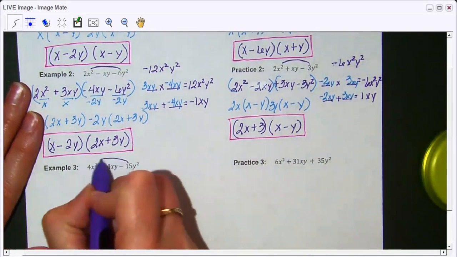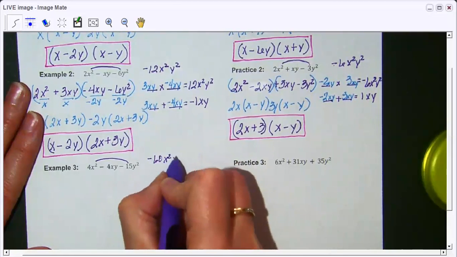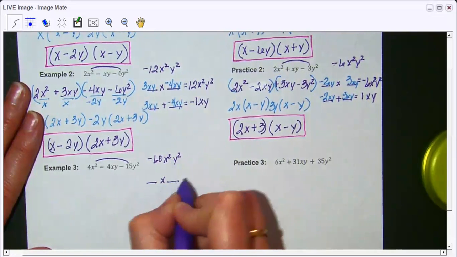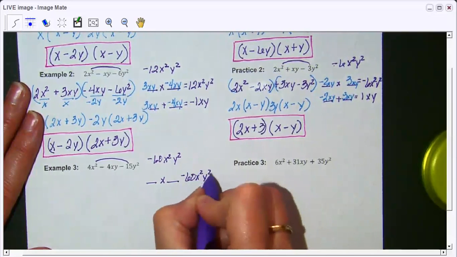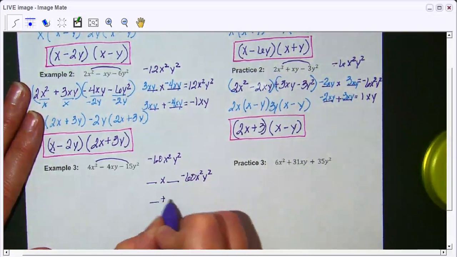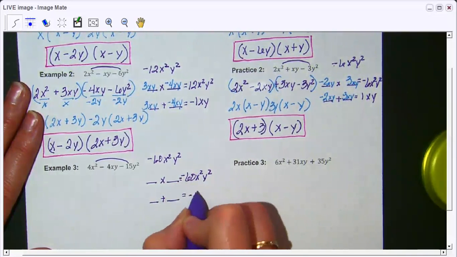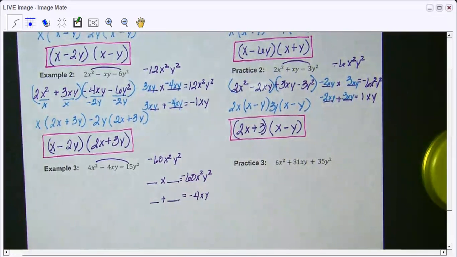So negative 15 times 4 is negative 60. So we have to find factors that equal negative 60 x squared y squared, and those same factors that add up to get negative 4xy. All right, so it's going to take a little bit of thought here.